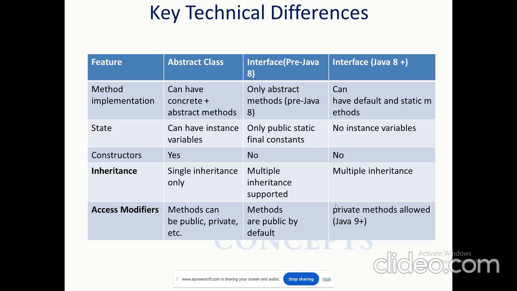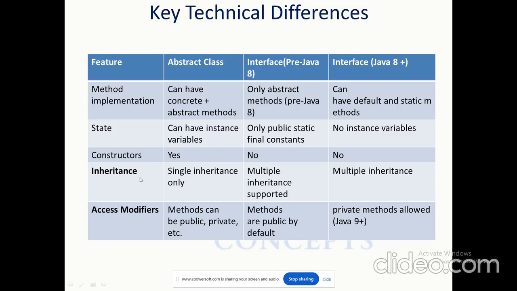Hence, even constructors are not allowed in interfaces because constructors are the ones which initialize the instance variable. So, having a constructor in an interface would be meaningless, whereas abstract classes continue to have instance variables and thereby continue to have constructors as well.